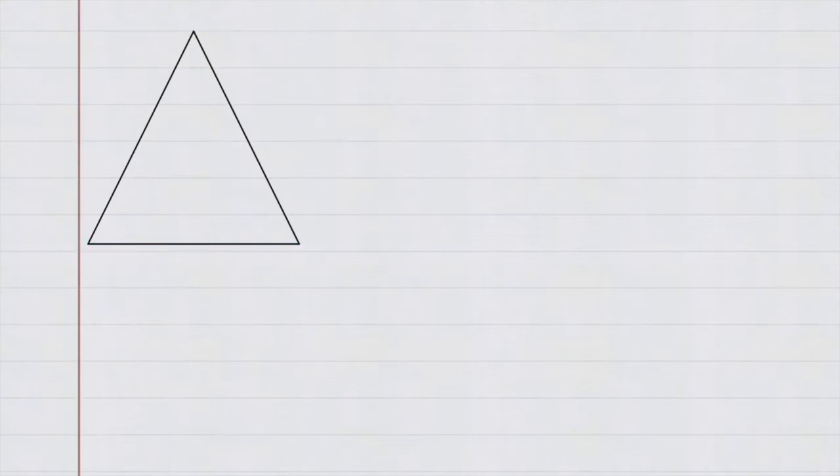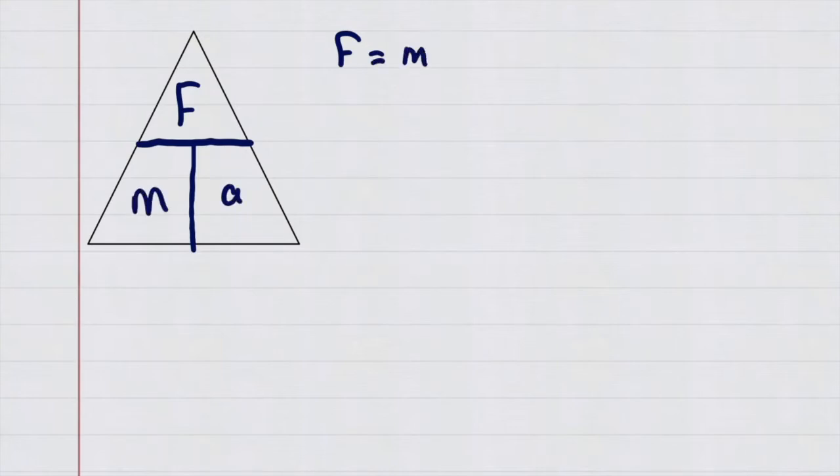So for our force triangle, we've used this in the past, and we've had force equals our mass times acceleration. So we get mass times acceleration. And so we can use that to actually find out our different units, our different calculations.